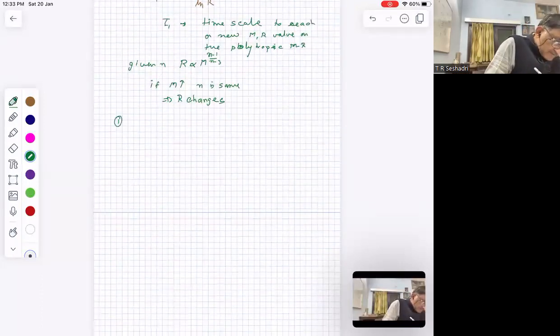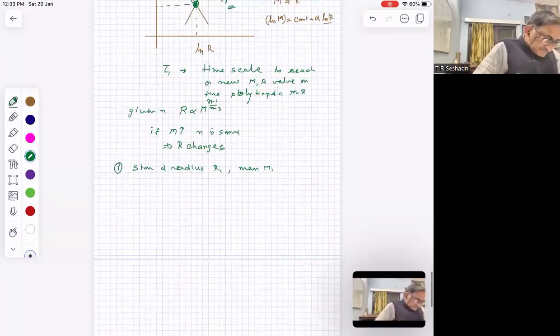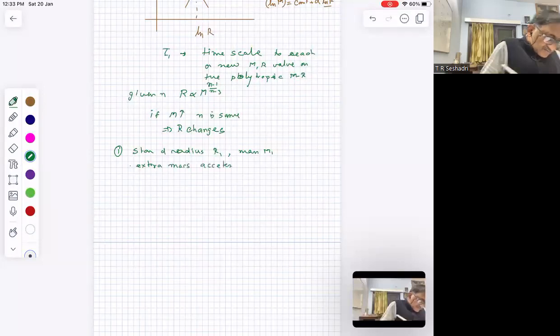A star of radius R1, mass M1. Some extra mass accretes onto it.